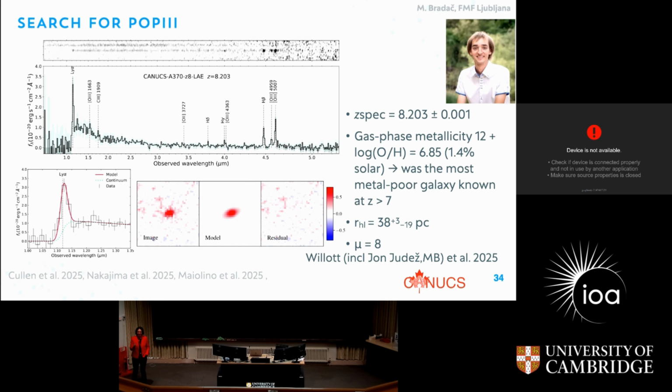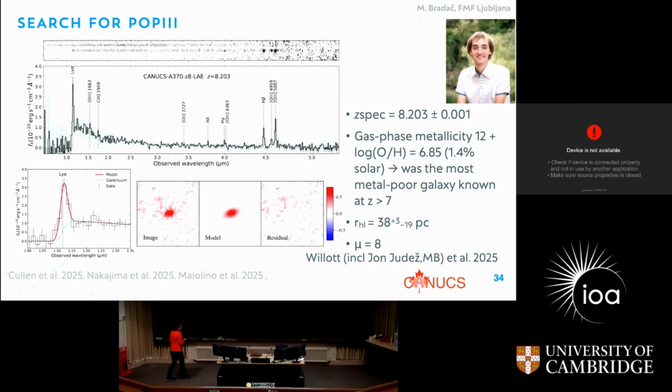Now this is no longer the case, because you have observed even more metal-poor objects. But in any case, we see very low gas phase metallicity, and so we're wondering what's going on with this galaxy. It's a very compact galaxy as well, with a half-light radius of some 40 parsecs, so we're seeing this emission in a very small galaxy. And once again, we would not be able to detect such a galaxy without gravitational lensing.